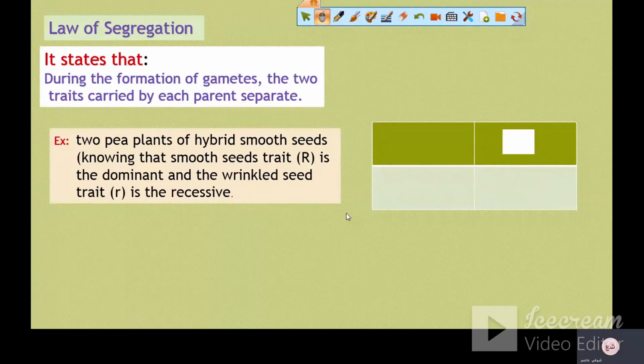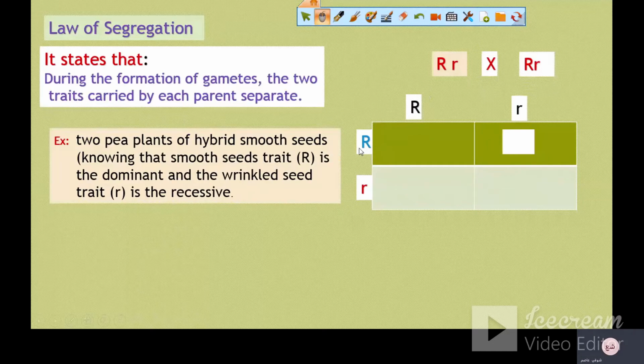So when we make the crossing, we'll find R capital, R small will be crossed with R capital, R small. Both of them are hybrid. So let's put the gametes in the Punnett square.